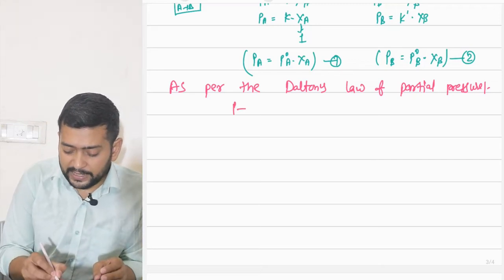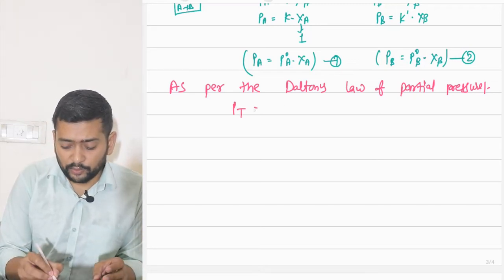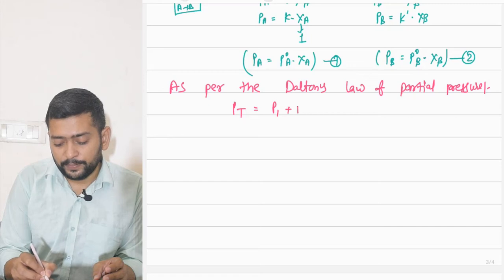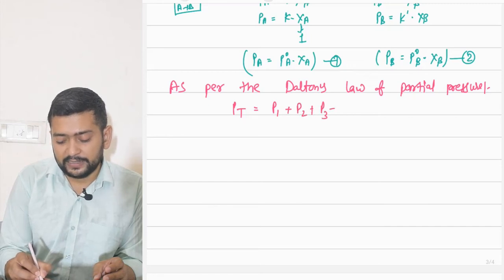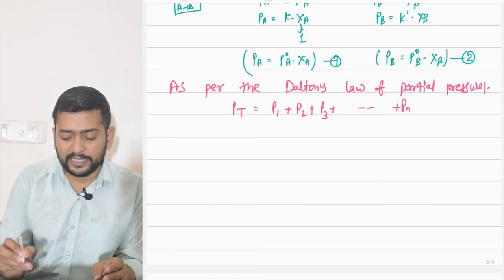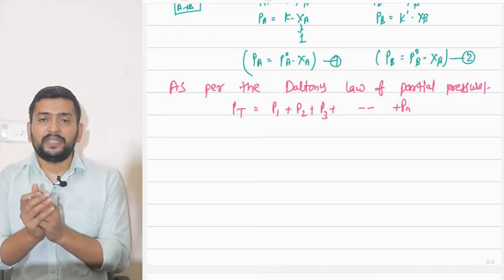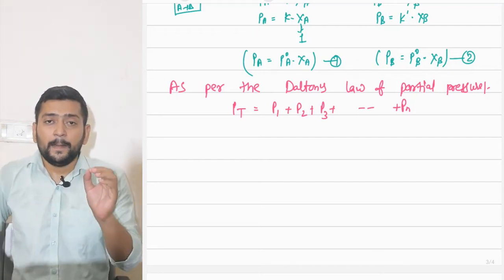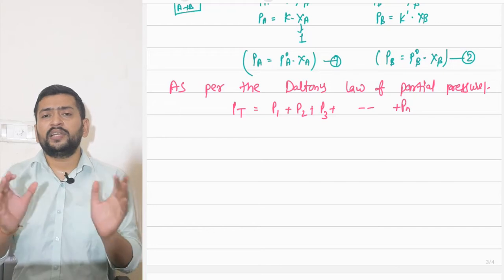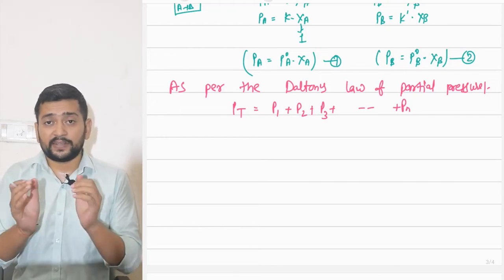For example, if I have n components, the total pressure PT will be equal to P1 plus P2 plus P3 and so on plus Pn. It means that P1, P2, P3 and so on are the partial pressures of the non-reacting gases present in the mixture.